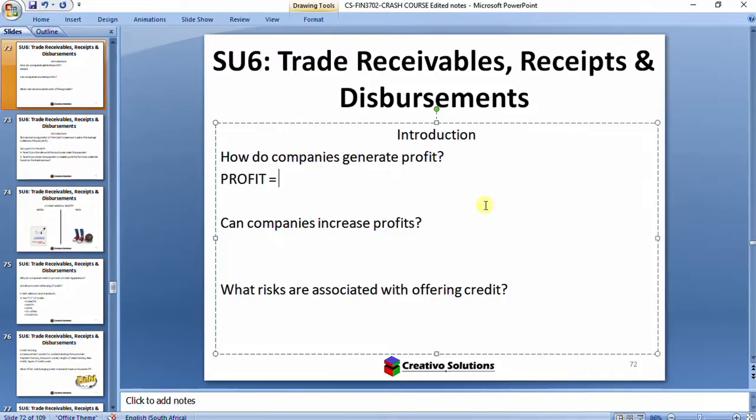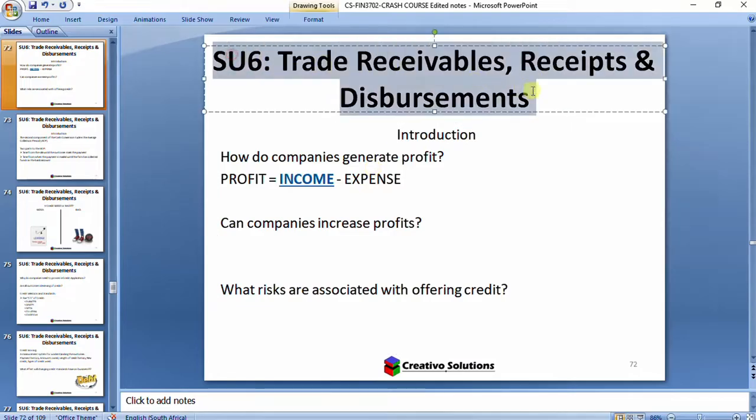What is profit equal to? Well, when your income is more than your expenses. That's good. So income is the key, that's the focus when we're looking at trade and other receivables.